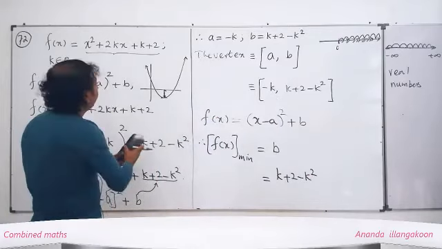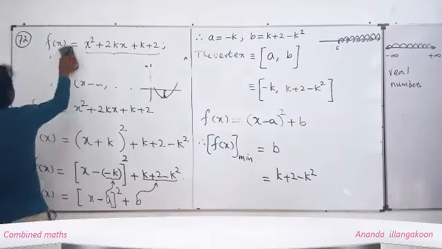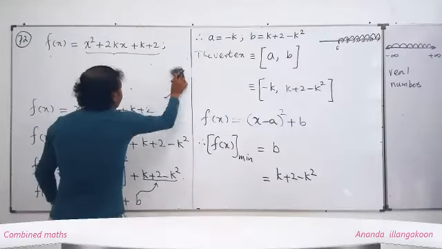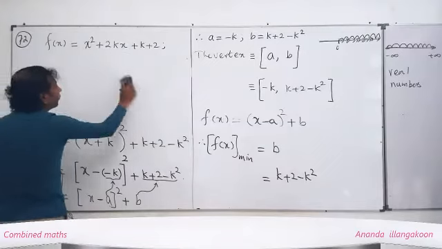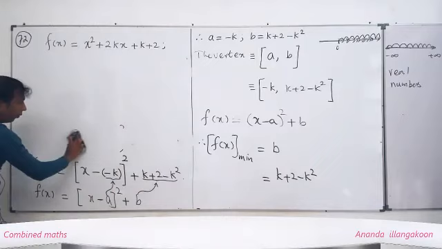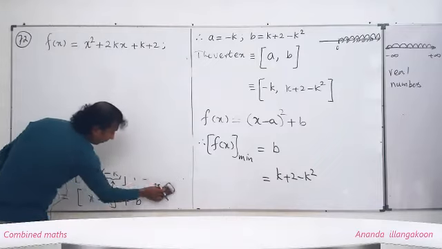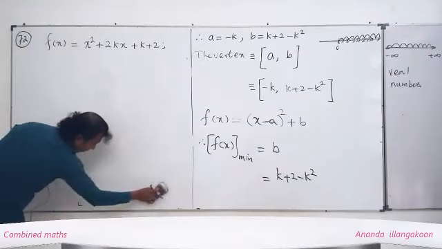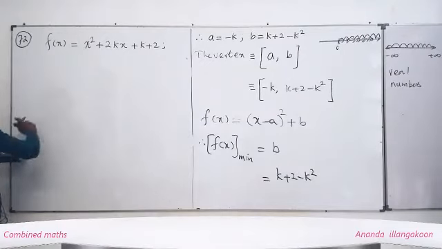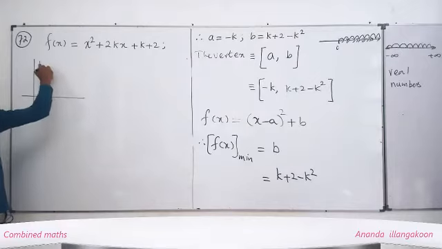Right. Then shall we construct a rough sketch of this? Now we know f(x) is a minimum graph. Its minimum value is B, people. And I draw the rough sketch of the graph.